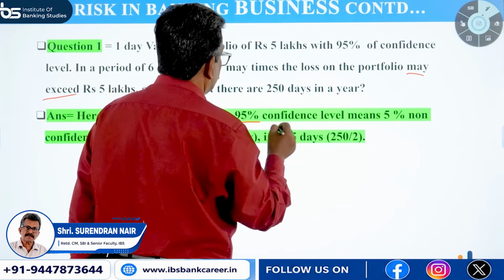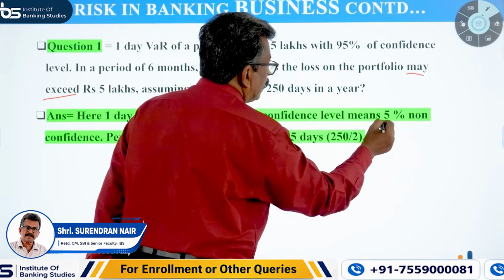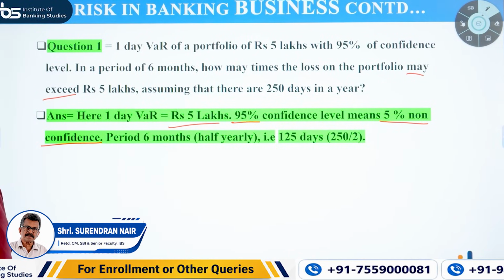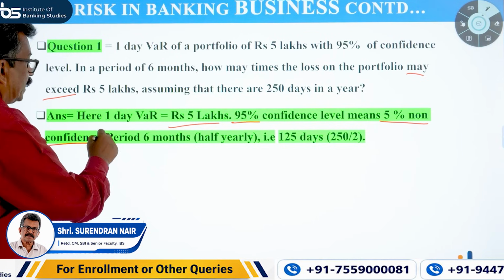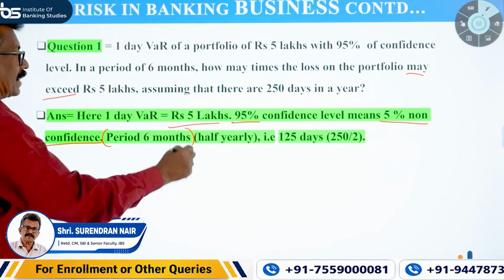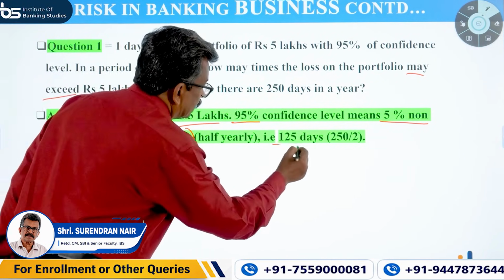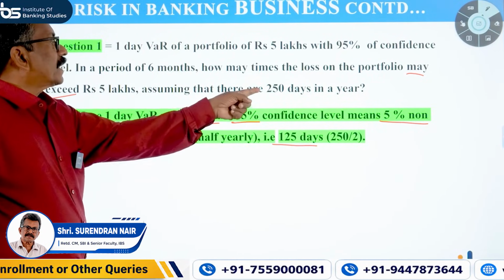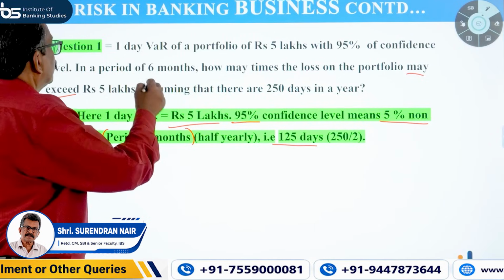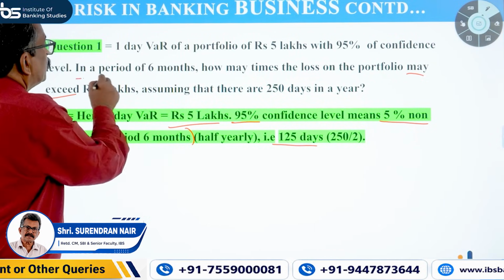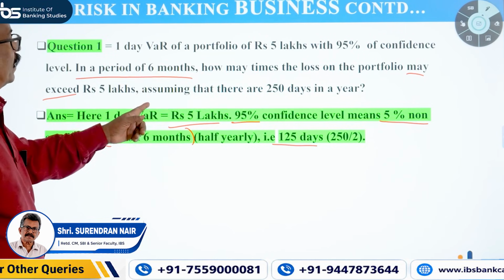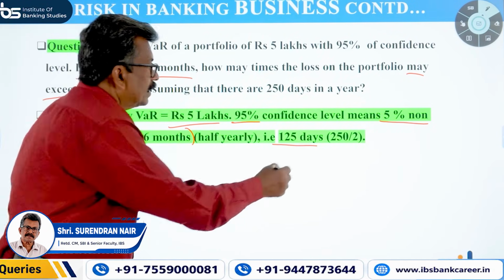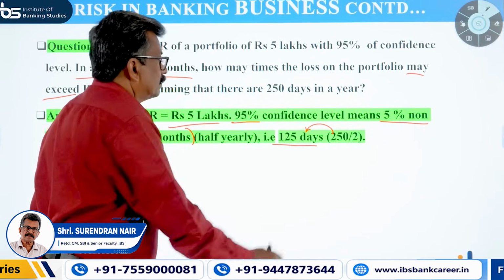So confidence level 95% means 5% is the non-confidence. Period is 6 months, half yearly, that is 125 days, because there are 250 in a year. The question is asking for a period of 6 months, so we need to find half of these 250 days. 250 divided by 2 will give you 125 days.